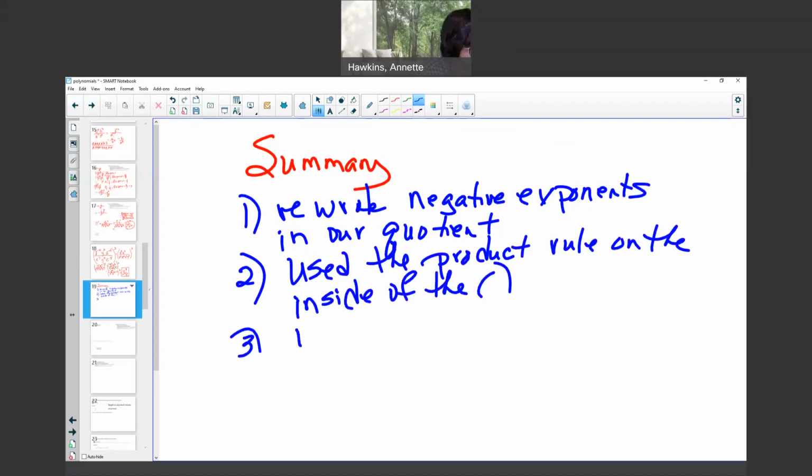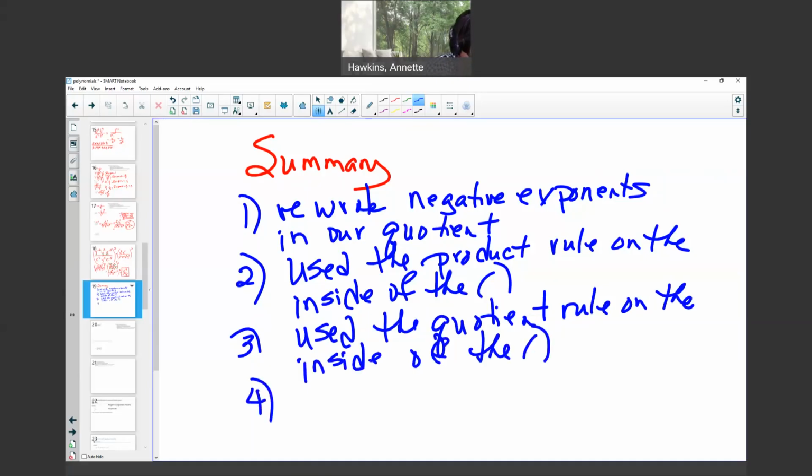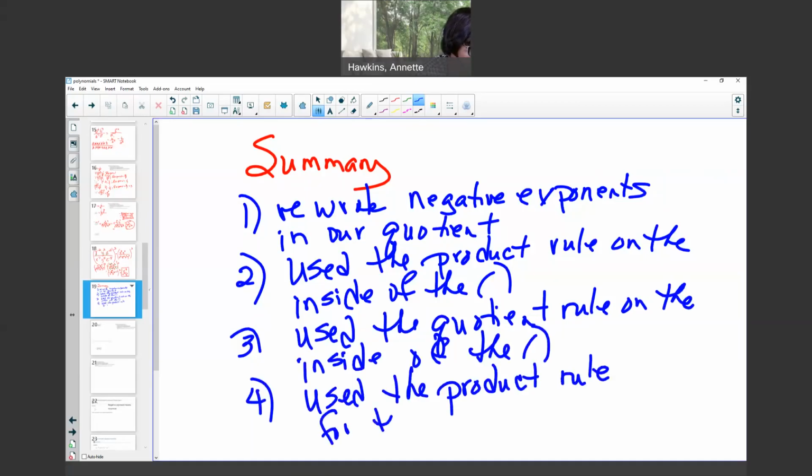Three, we used the quotient rule on the inside of the parenthesis. And then finally, we use the power rule for the outside exponent.